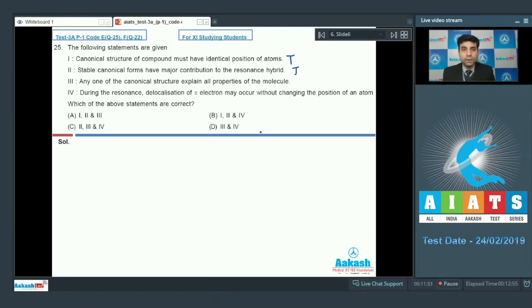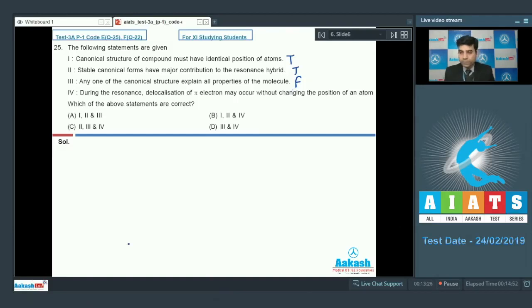The most stable canonical form will have maximum contribution towards the resonance hybrid. Third statement says any one of the canonical structures explains all the properties of the molecule. This is a wrong statement. Why? Because all the canonical structures or resonating structures are required to explain all the properties of a molecule. So this is a false statement.